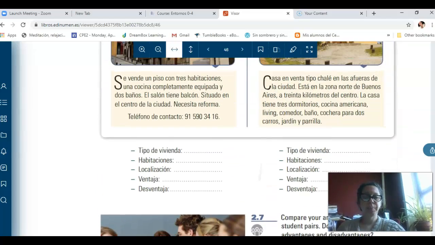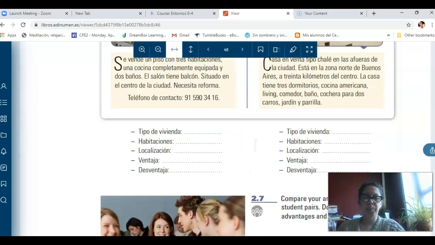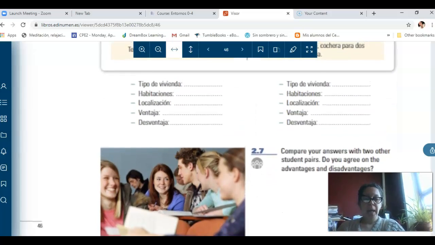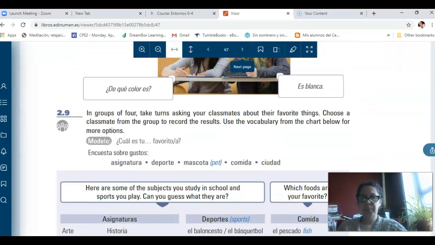Read about it, pay attention, try to decode, try to inferir, ¿verdad? What is telling you. And then you can move on to the next page.